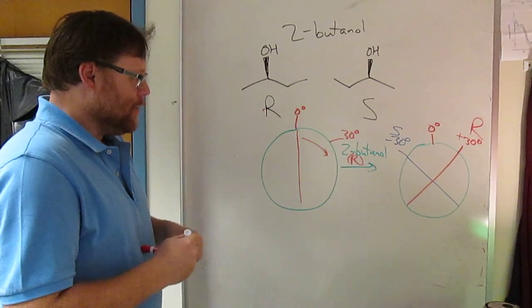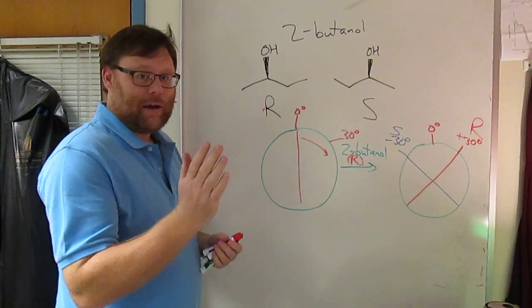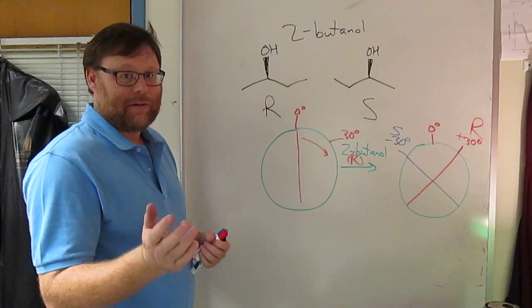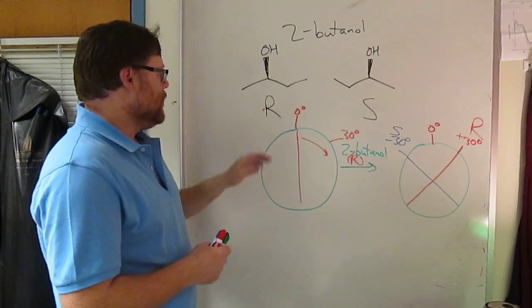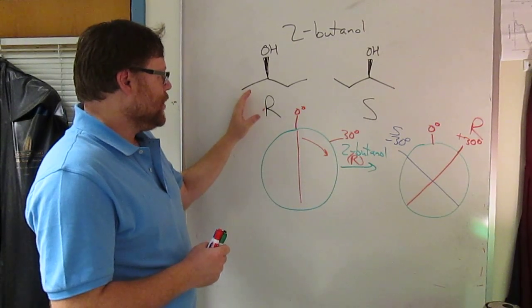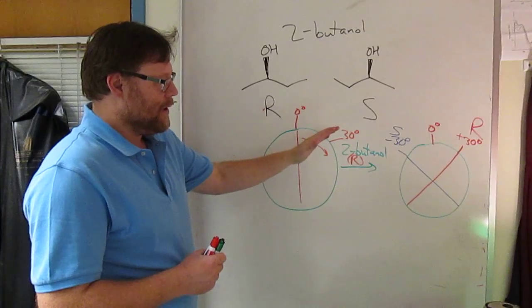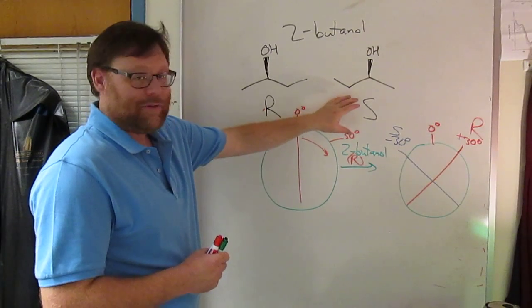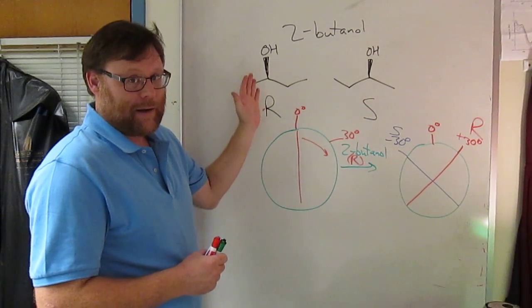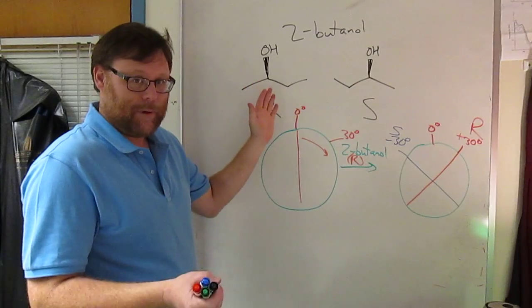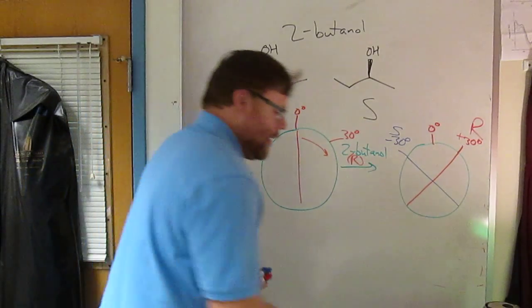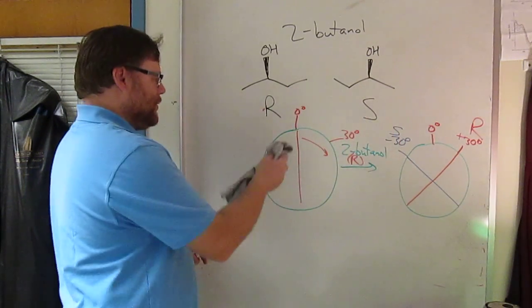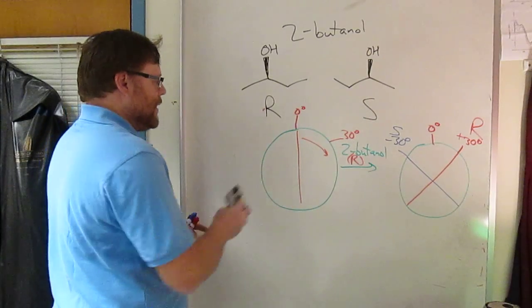So the two enantiomers will rotate plane polarized light in exactly opposite directions by the same amount. So if a standard solution of R 2-butanol rotates the light plus 30 degrees, then a standard solution of S 2-butanol will rotate the light minus 30 degrees. Okay, makes sense? Hit pause if you want to write it down.